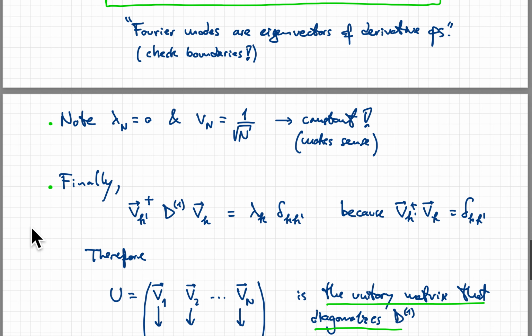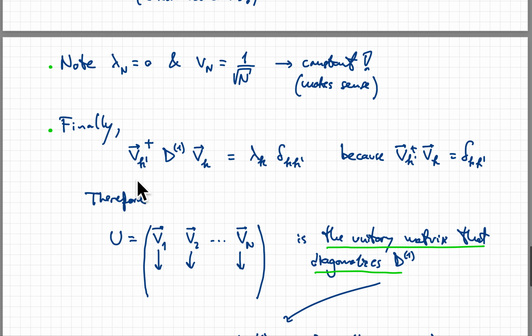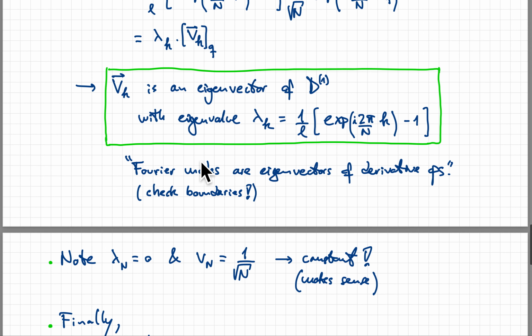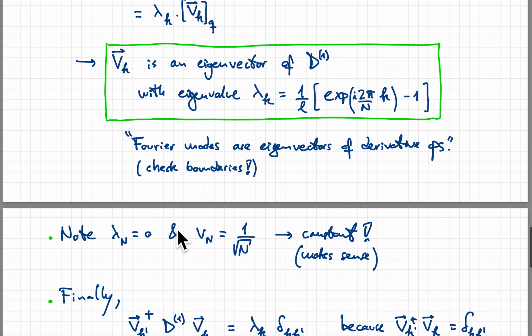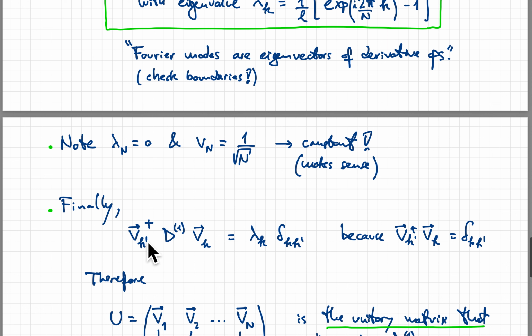Finally, to get to the point of the diagonalization, if you take d1 applied to vk, you obtain, like we said up here, lambda k vk. But if you sandwich that with vk prime dagger, then we know that vk dagger and vk are orthonormal to each other. We know that from a calculation we did in the last video or the one before.